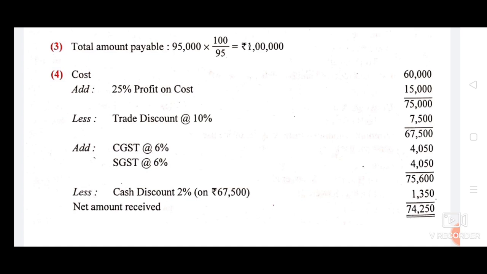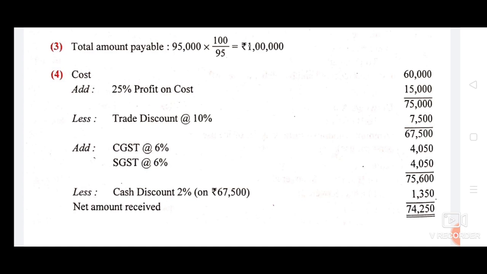The concept is, if 100 is the original price, after deducting 5% cash discount, the amount will be 95. So when the amount after deducting discount is 95, then the original amount is 100. Then if the amount after deducting discount is 95,000, what will be the original amount?